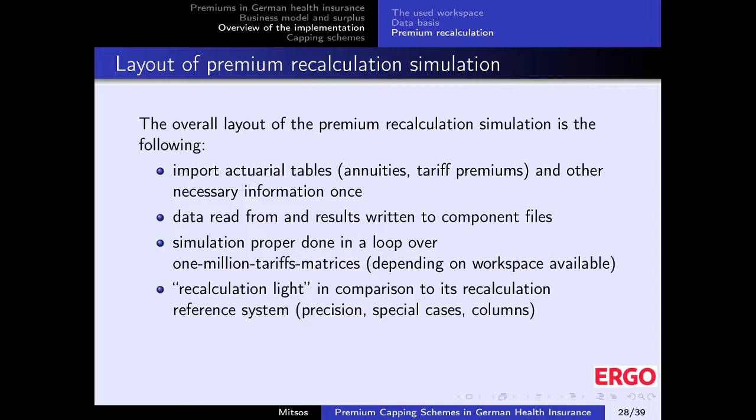And yes, in this main loop, it is a recalculation light. There is also a reference system with which we control the recalculation. The productive one uses something like 150 columns. But the differences are only details and rounding and special cases and such things.